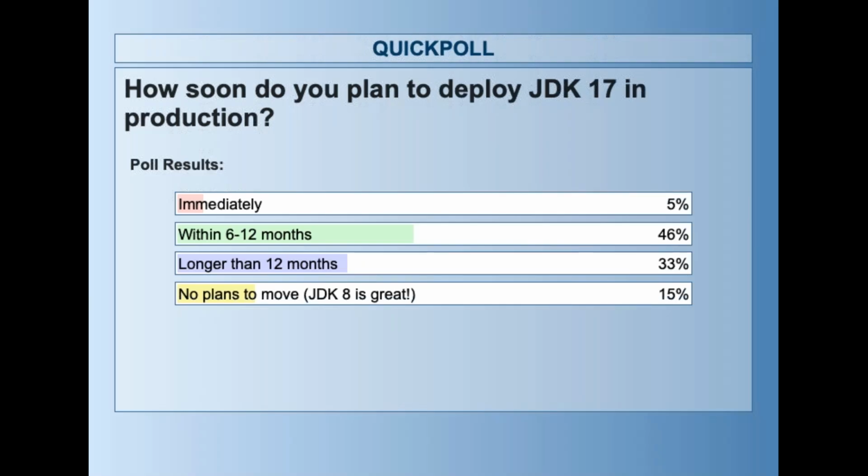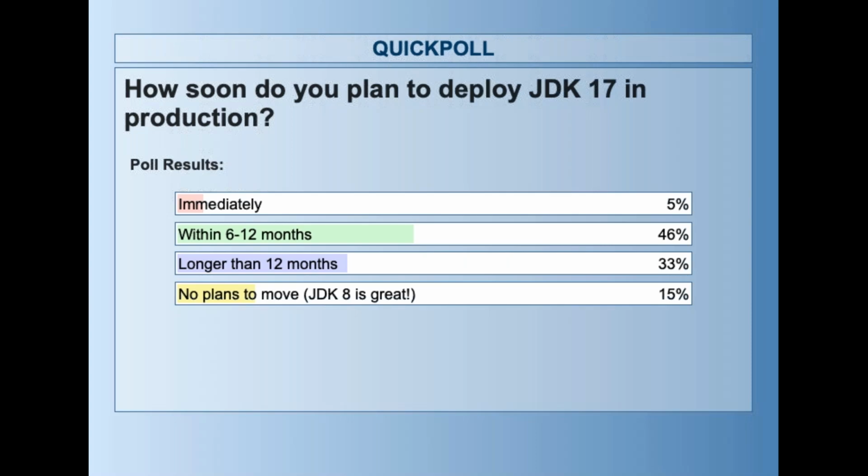Yes, okay. As I said, I did this presentation this morning and the numbers were slightly different, but in terms of the distribution, it was pretty much the same. Small number of people who are deploying immediately, only 5%. Majority of people are looking at 6 to 12 months.